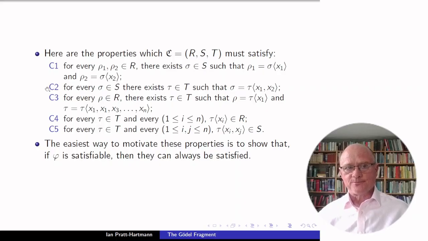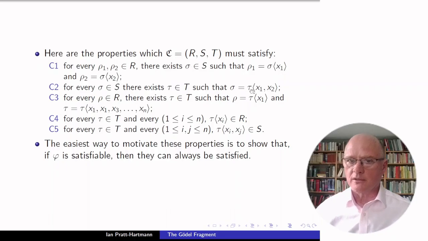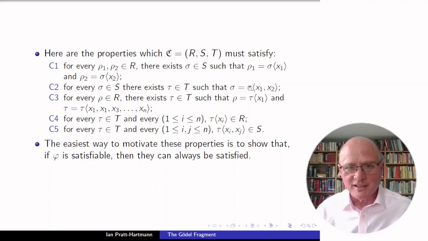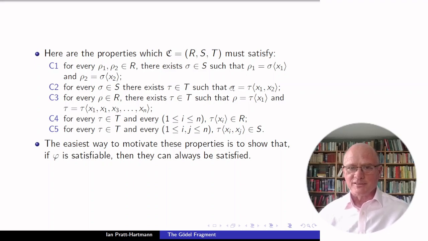Condition C2. This says that if you have a 2 type sigma in S, then that can be extended to an n type tau in T. Right? So sigma is the projection of tau just onto its first 2 variables. So ignore all literals in tau other than those involving x1 and x2, ignore any variables other than x1 and x2, and then that gives you this symbol here, and that's sigma.